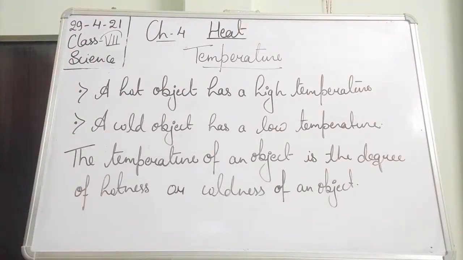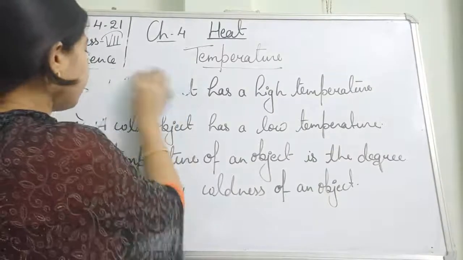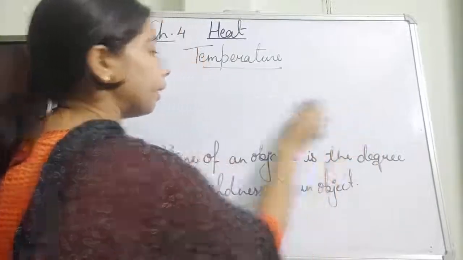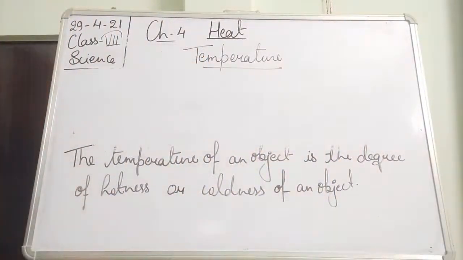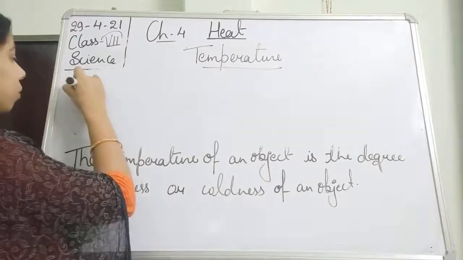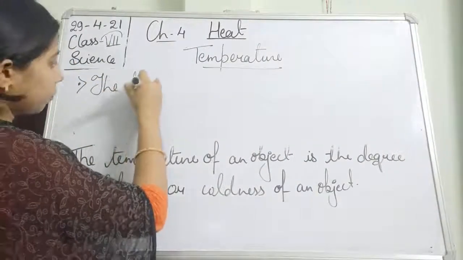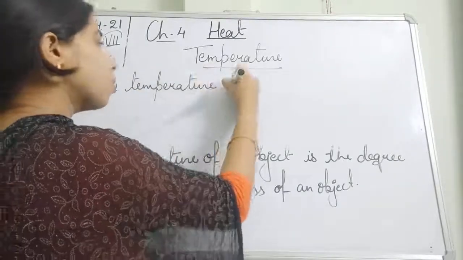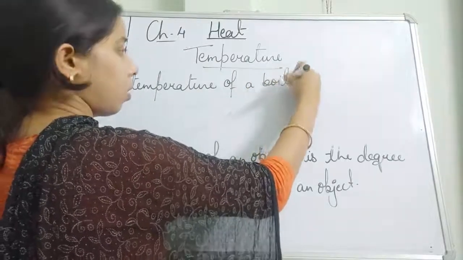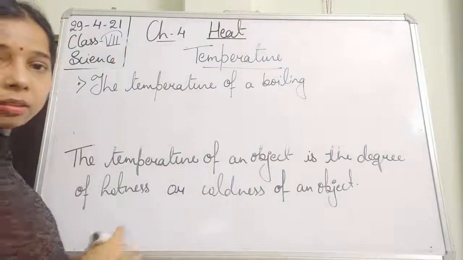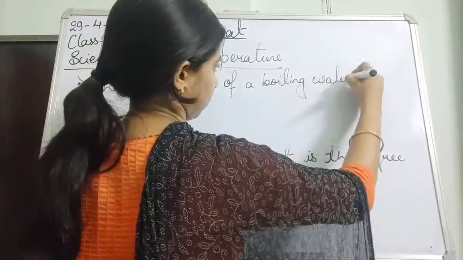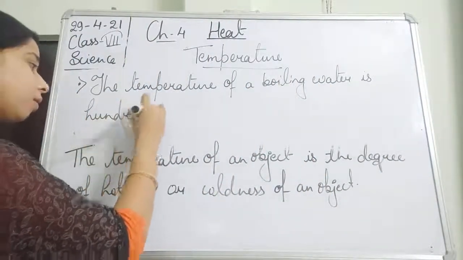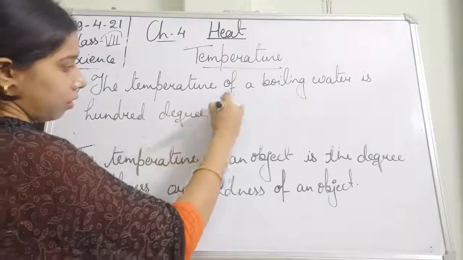Okay. For example, we can understand it with the help of boiling water. So the temperature of boiling water is 100 degrees Celsius.